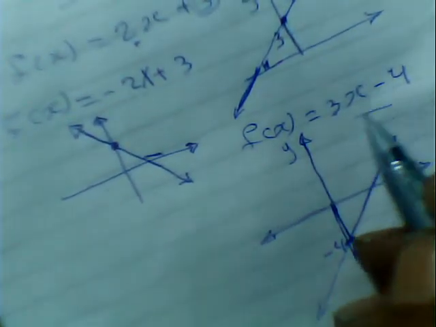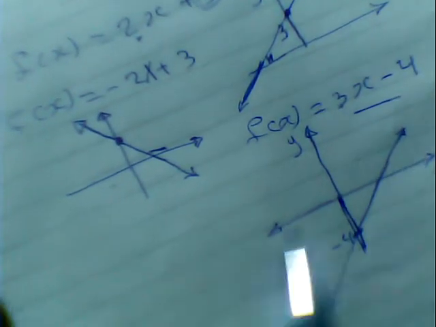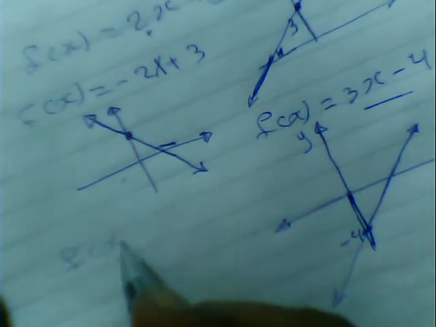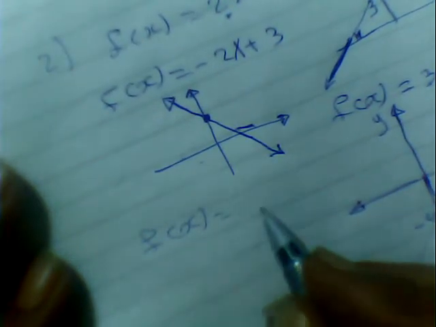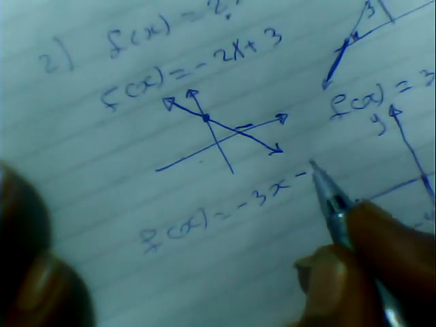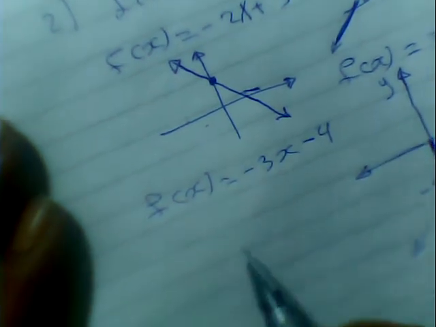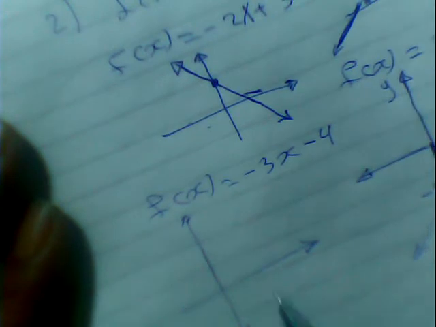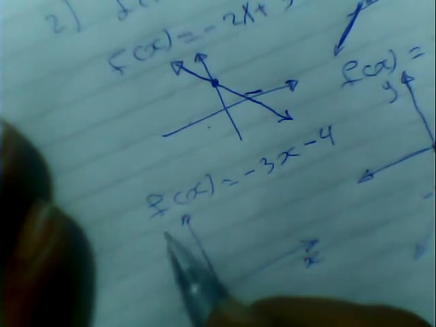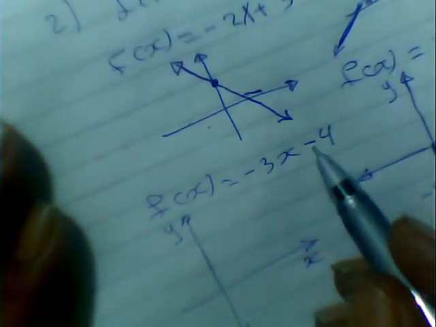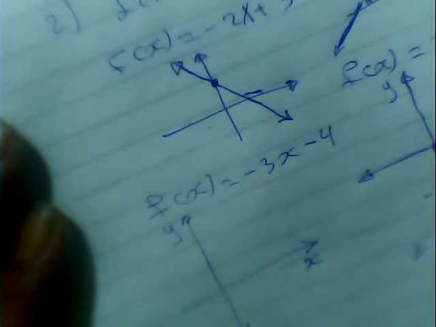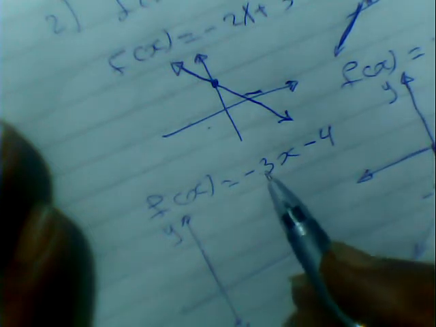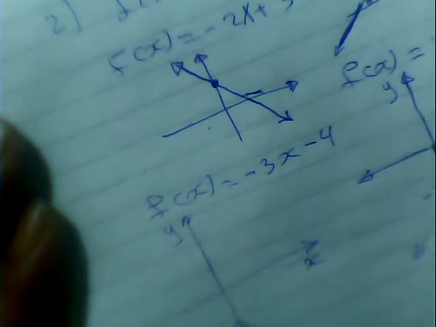And the same if we change this sign, like f of x equals minus 3x minus 4. How can we draw this? You draw the x-axis and y-axis. The line crosses the y-axis at minus 4, and the slope is negative.